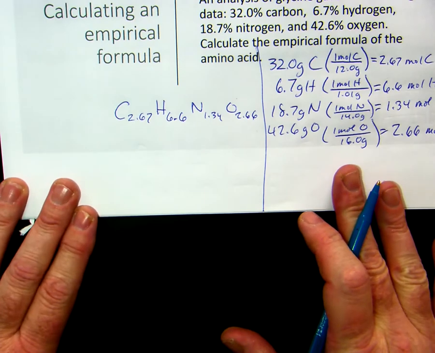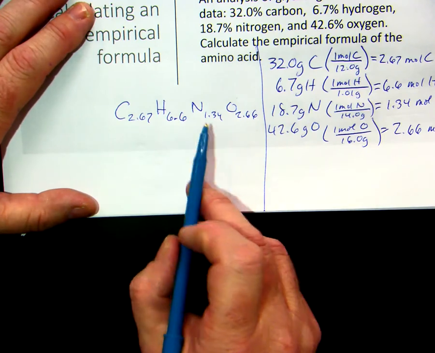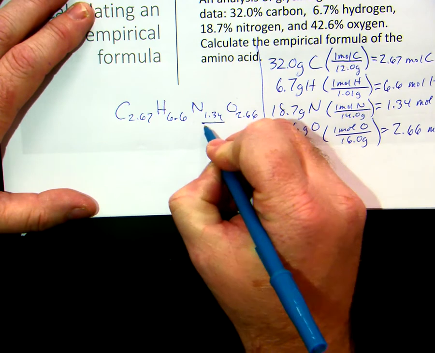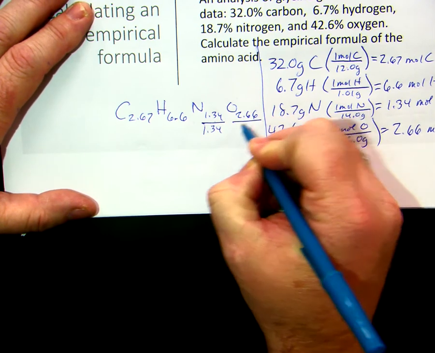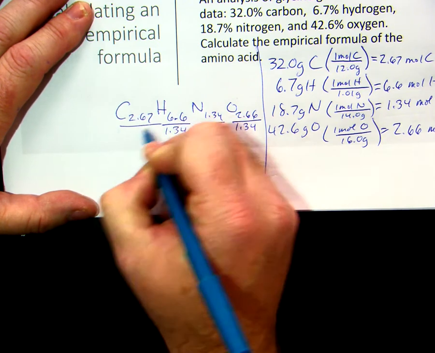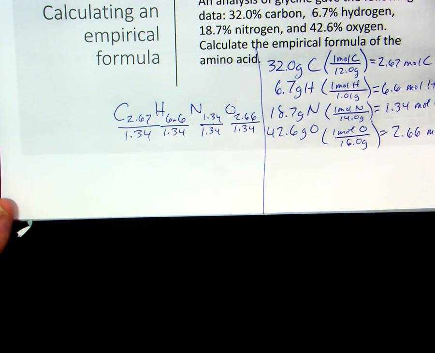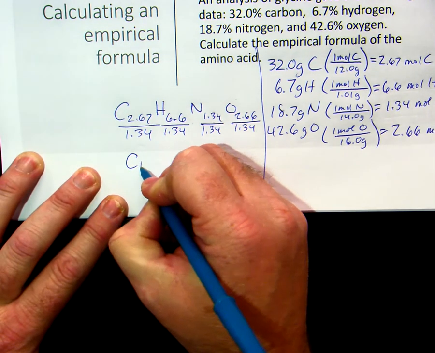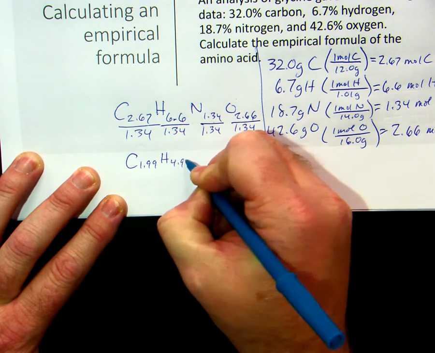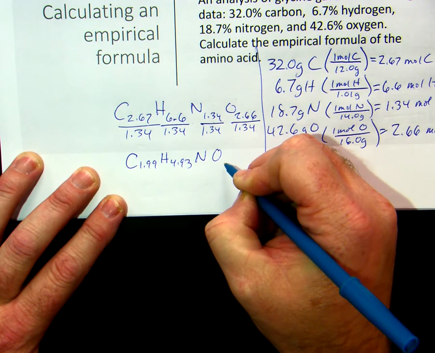Then we need to convert this to our simplest whole numbers. So we find the smallest of these values and divide it into every single value. That would be the nitrogen. And when we simplify it, you'll get carbon 1.99, hydrogen 4.93, nitrogen 1, oxygen 1.99.